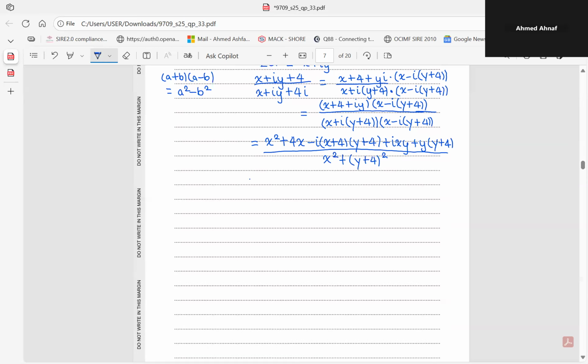All right, now let's simplify everything here. So x squared plus 4x plus y squared plus 4y, plus i times, we can expand x plus 4 times y plus 4. You'll get xy plus 4x plus 4y plus 16.